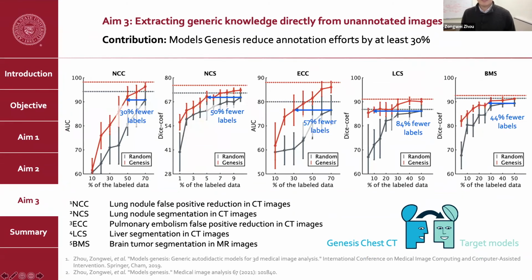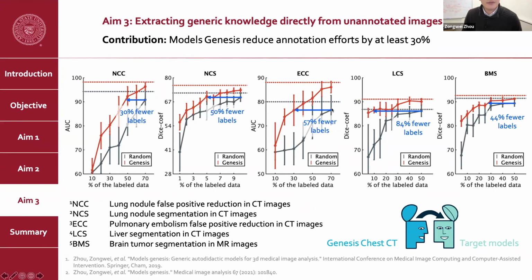Models Genesis is an annotation-efficient method because for every task, as you can see, it can achieve the same accuracy by using a smaller amount of annotated data. For example, here, pulmonary embolism false positive reduction, ECC. The red curve is using our Models Genesis, and the gray curve is random initialization.